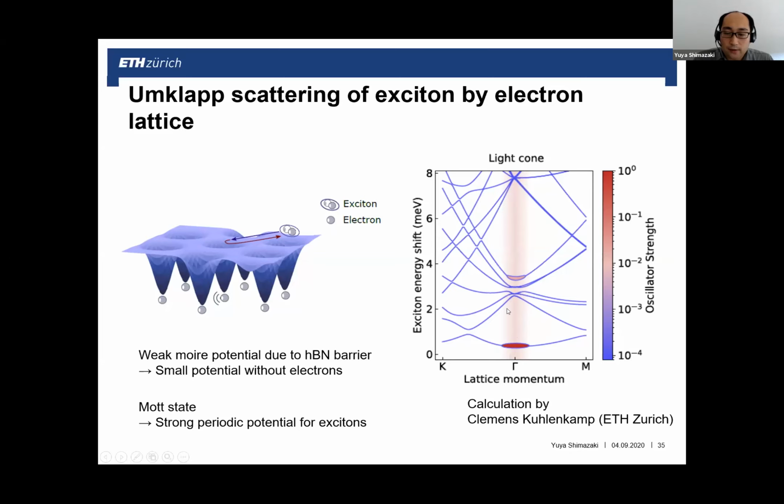The optical transition only happens around this gamma point of the excitonic band. This is the area of the light cone, so other parts of the spectrum would not matter.